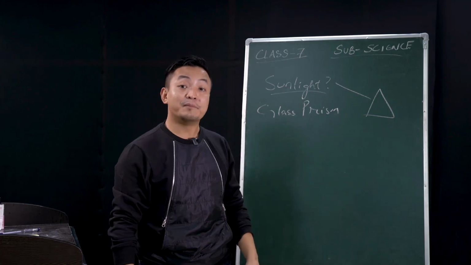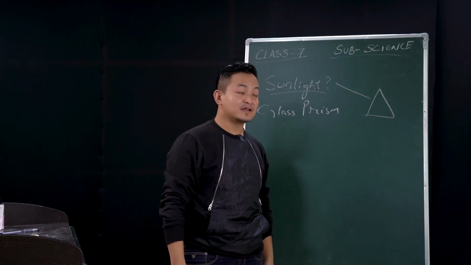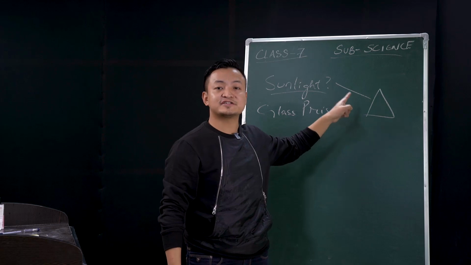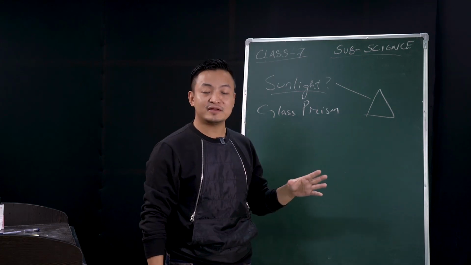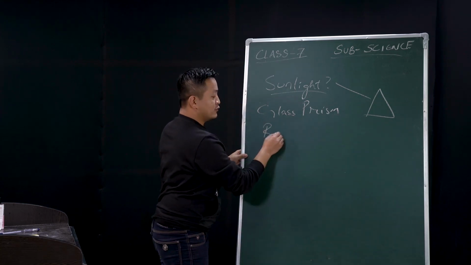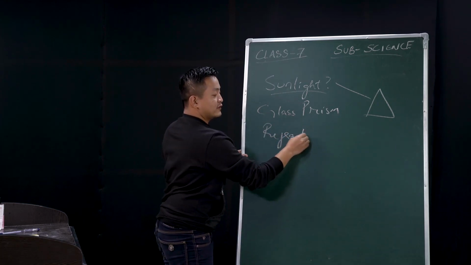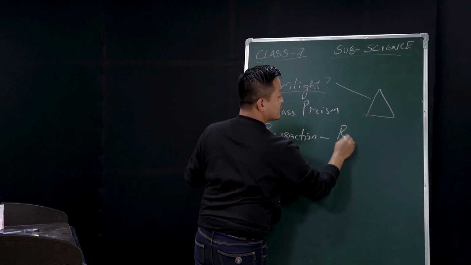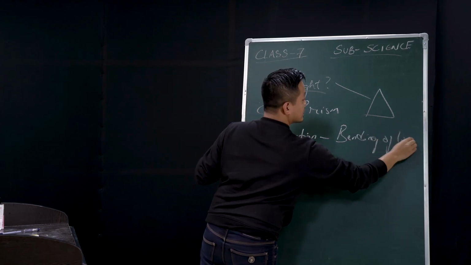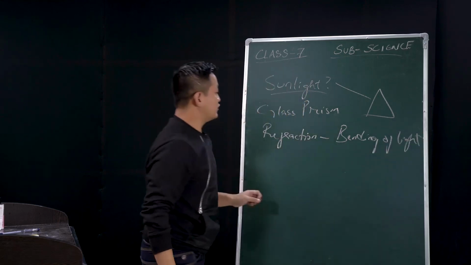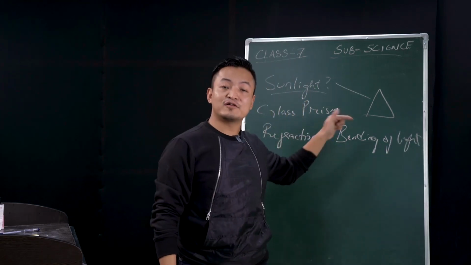You'll see a band of 7 colors, because here refraction takes place, and refraction is bending of light. Refraction will take place here, bending of light.